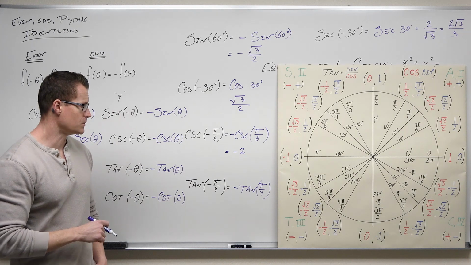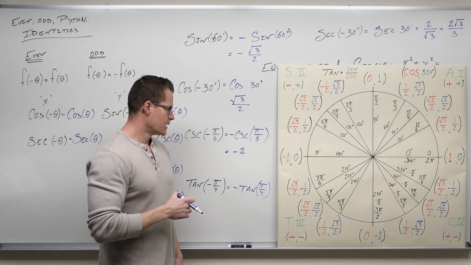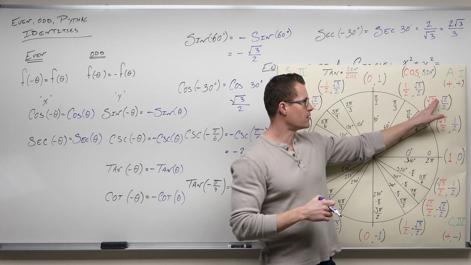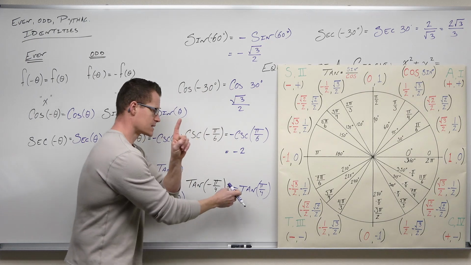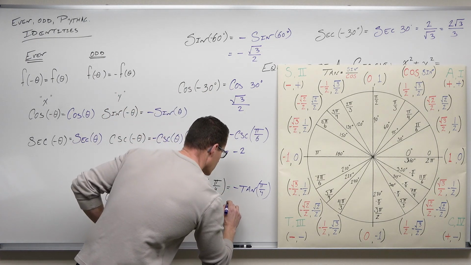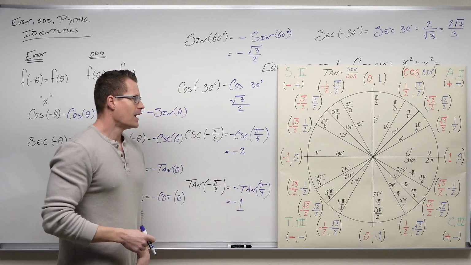That's what odds do. So tangent of pi over 4 says, all right, here's pi over 4. Tangent would be y over x, that's 1. But this says, okay, this part would be 1, now make it negative. That's just negative 1. I hope that makes sense.